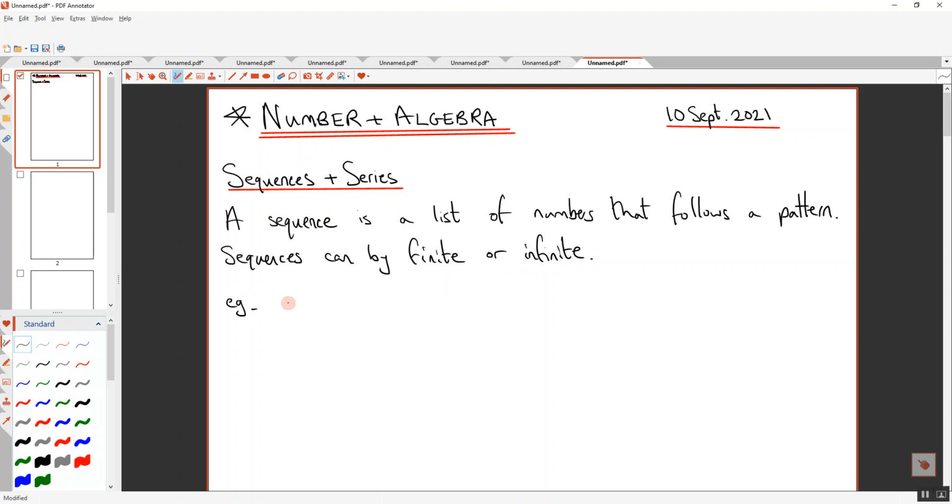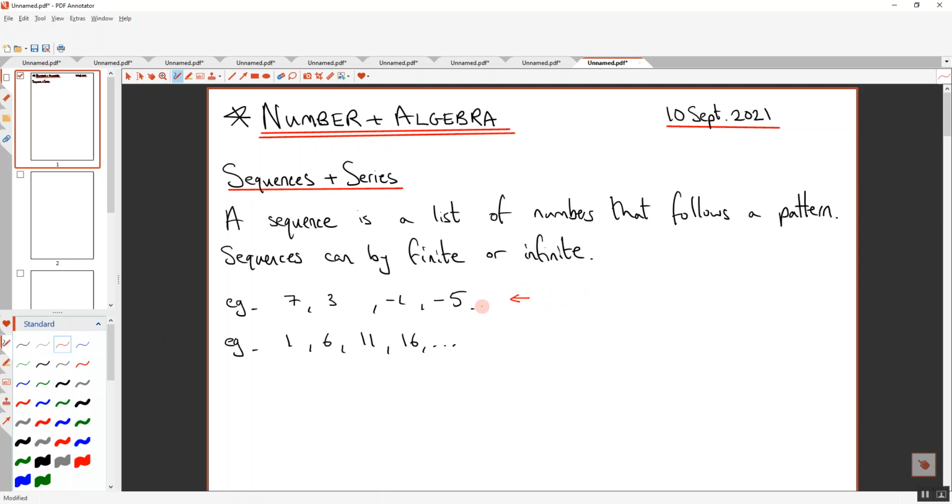So, for example, the sequence 7, 3, 5, 1. What am I doing here? Subtracting 4. The first sequence here is finite or infinite?